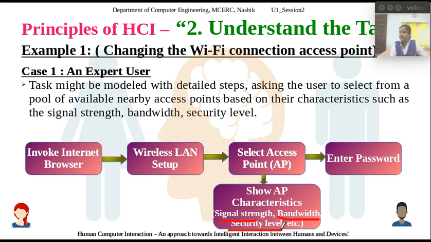So being a technical person, I will get into all these details first, yes or not, and then only I will enter the password for the respective access point, and then I will set up my internet connection, yes or not. This is the case whenever we are considering the expert user scenario.